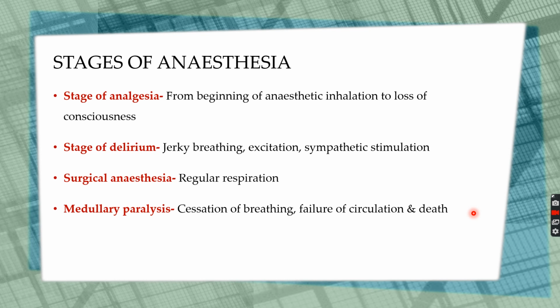We have seen till now that general anesthetics reduce the activity of the brain. However, before doing that, there is a short period called the stage of delirium wherein the CNS is excited. So there is excitation, there is rapid, irregular or jerky breathing, and there is sympathetic stimulation which leads to increased heart rate and increased blood pressure.